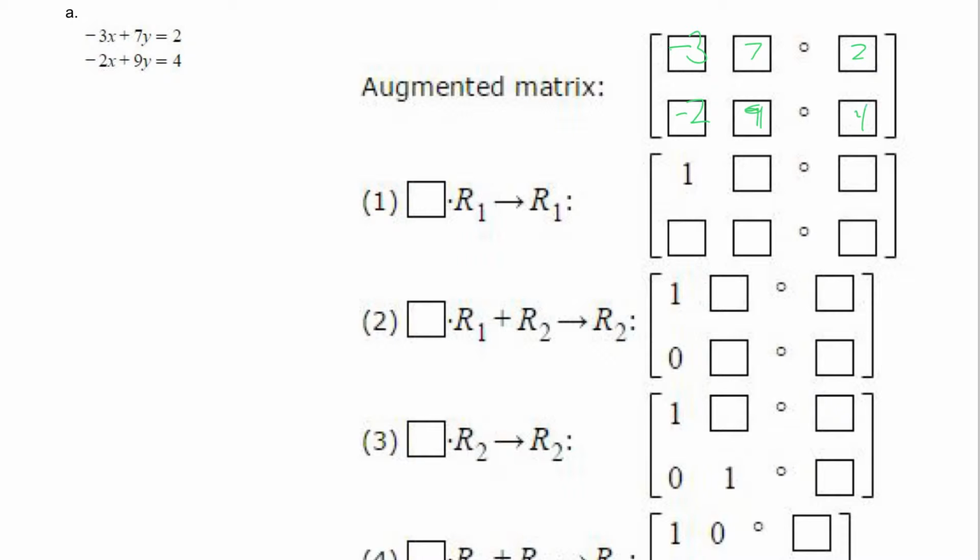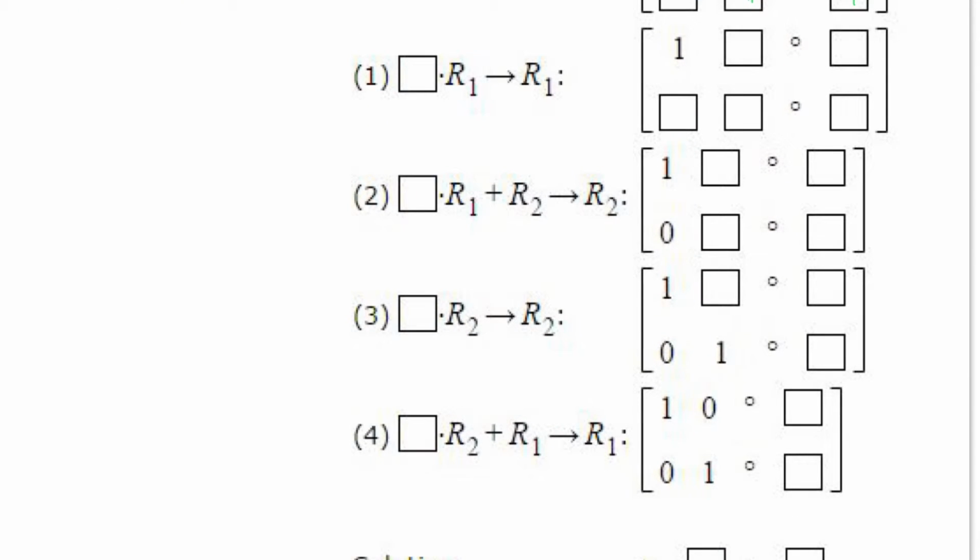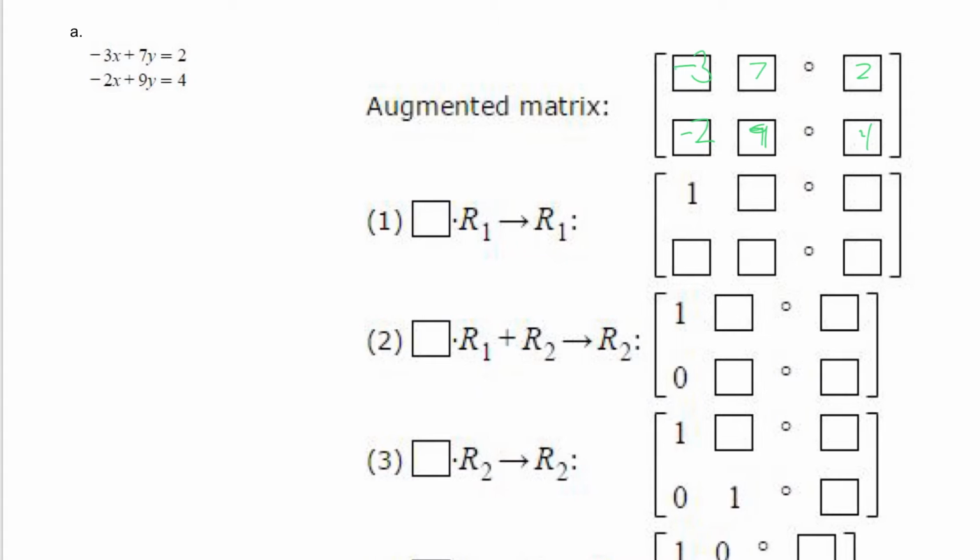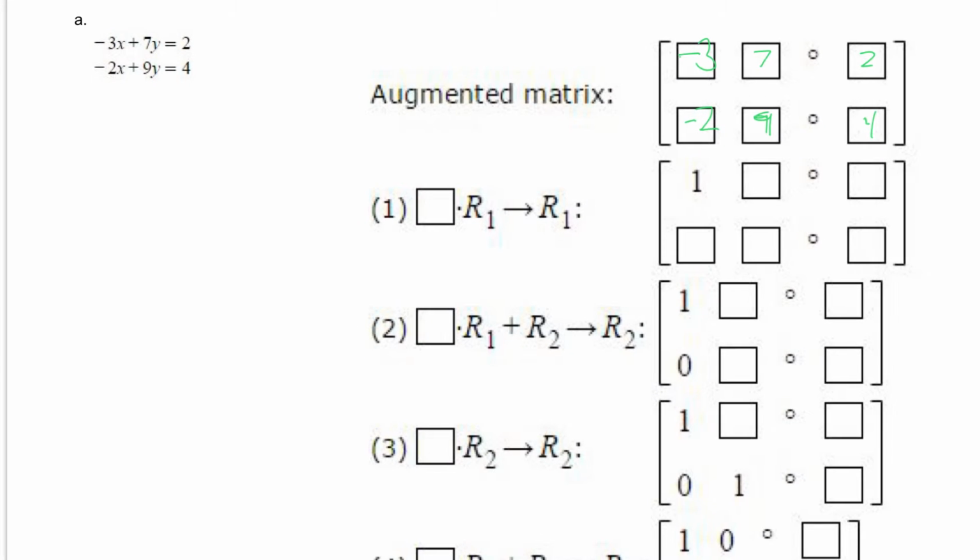and 4. And what we want to do, our goal here, is to get down to where we have a 1 in the first row, first column, a 0 in the first row, second column, a 0 in the second row, first column, and a 1 in the second row, second column. So if we come back up here, Alex is going to help you along at first in these problems.